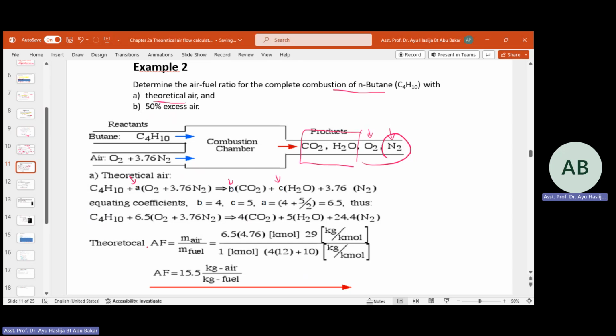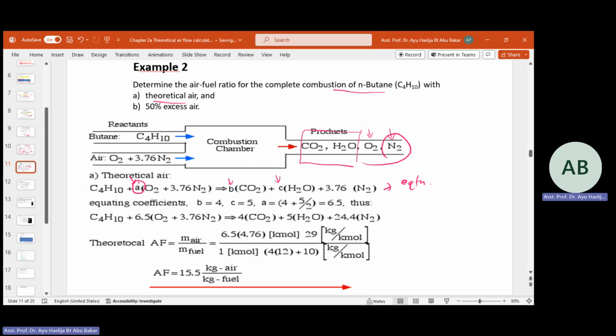But to calculate the air-fuel ratio, the important part is the A. Okay, but usually it is better for you to generate the combustion equation so that you can see the whole picture. Okay, in your notes you might use a different letter, right? So I have changed it here to A, B, C so that you are not confused.